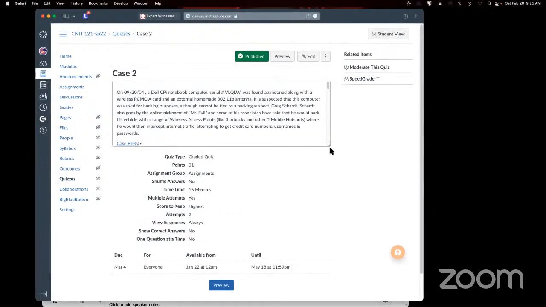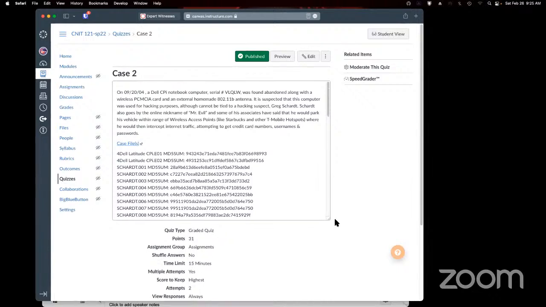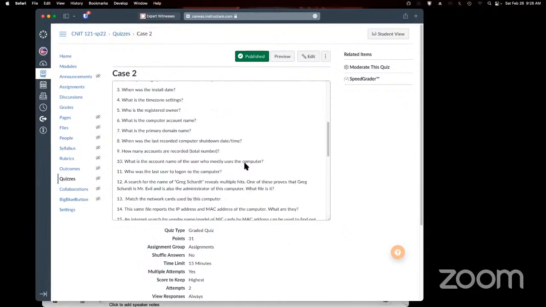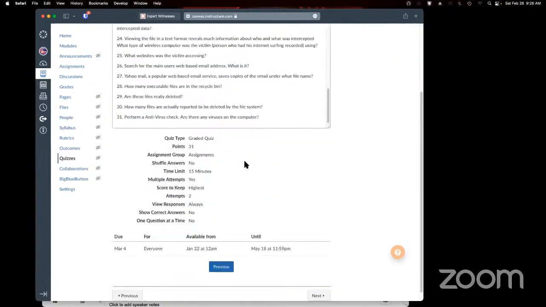Your second is case number 2. You have the story. There are quite a number of files to look through. And there are 31 questions to answer.